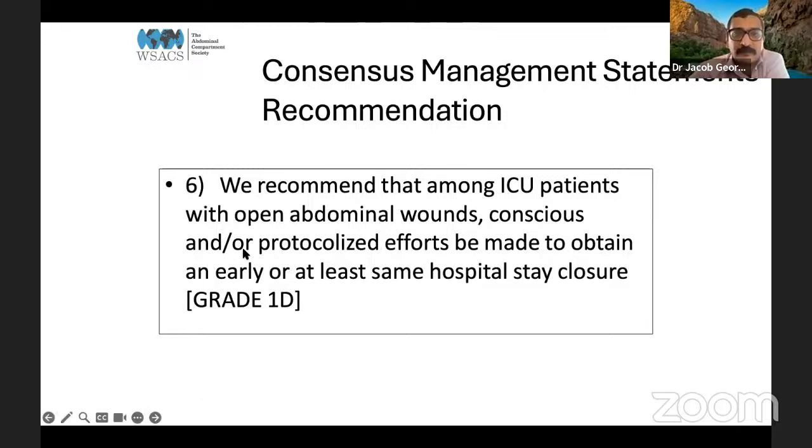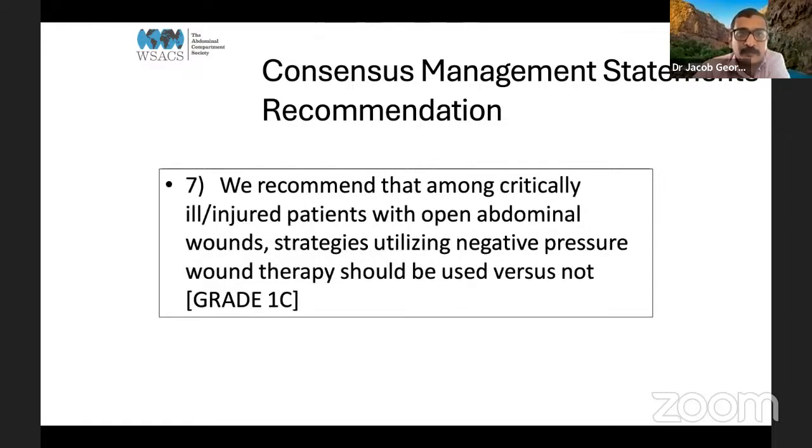And the same thing has been given as a 1D recommendation by the WSACS group. And they also suggested that in patients with open abdominal wounds, a negative pressure wound therapy should be used versus not being used. So negative pressure therapy is also recommended in patients with abdominal compartment syndrome.